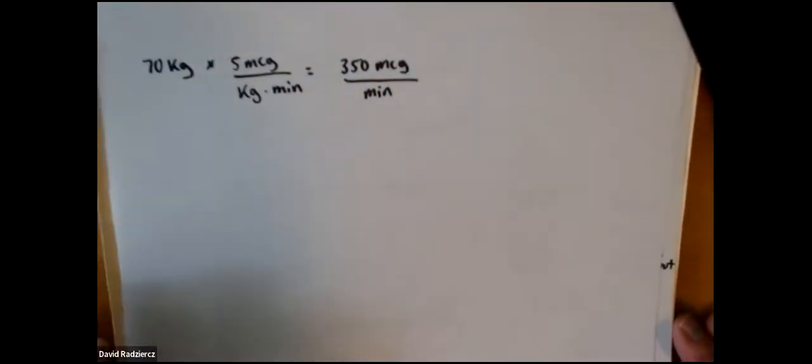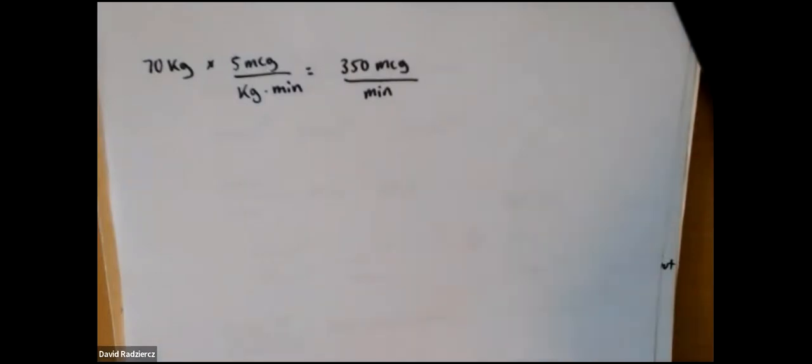Now, the second part of this question says that the available strength, and I'm guessing this is for an IV solution, is 400 milligrams per 250 ml. So I have micrograms, but then I have milligrams in there, so I'm going to need to convert micrograms to milligrams or milligrams to micrograms.